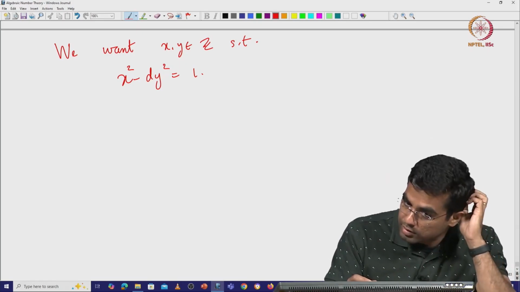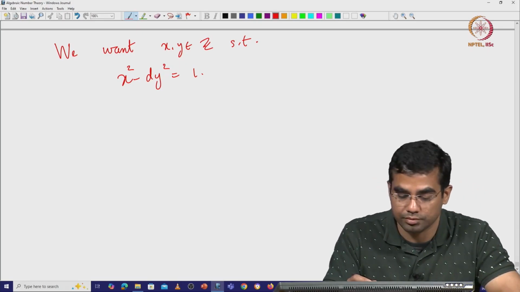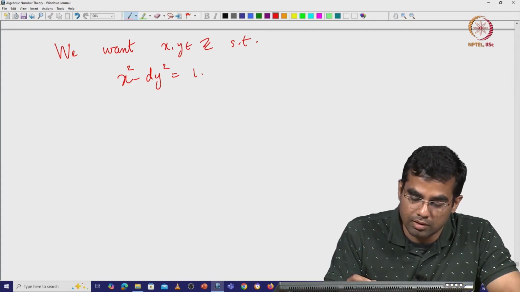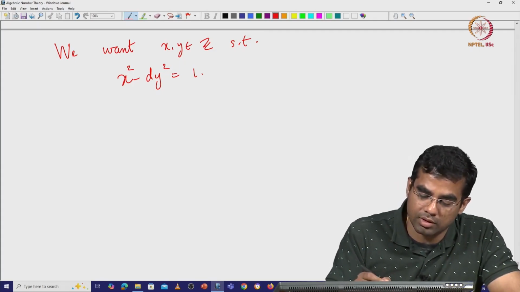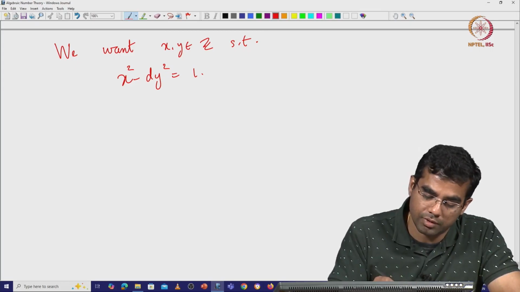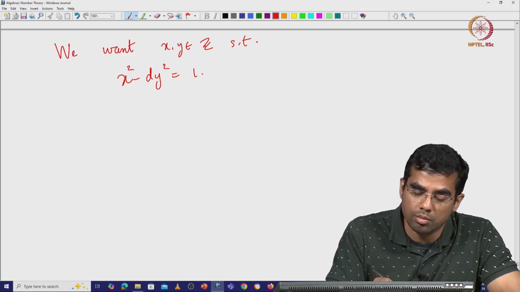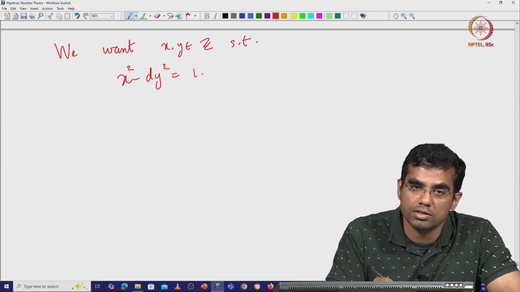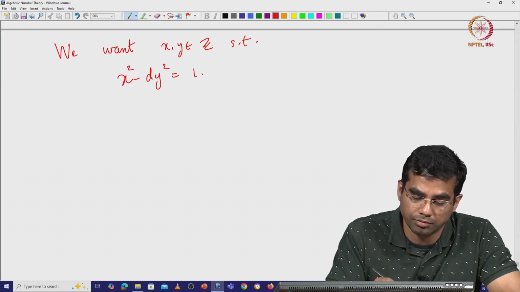Of course, this will give you a unit, but we also know that the Z-basis of O_K depends on what d is modulo 4.